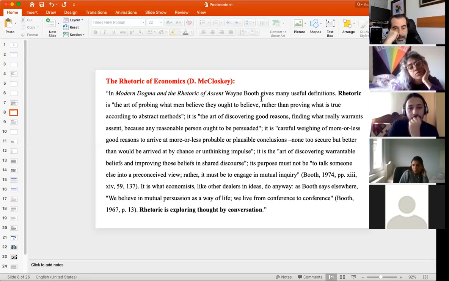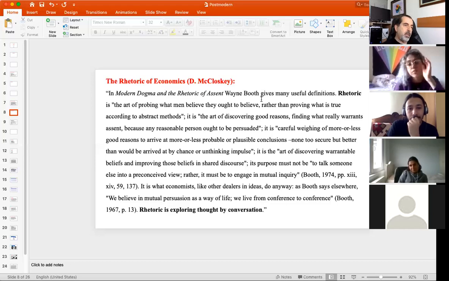It is the art of probing what men believe they ought to believe, rather than proving what is true according to abstract methods. It is the art of discovering good reasons, finding what really warrants assent, because any reasonable person ought to be persuaded. It's a way of persuasion, actually, right?